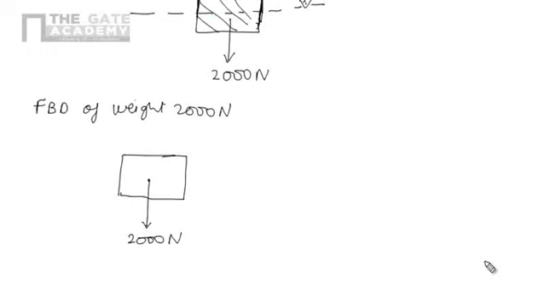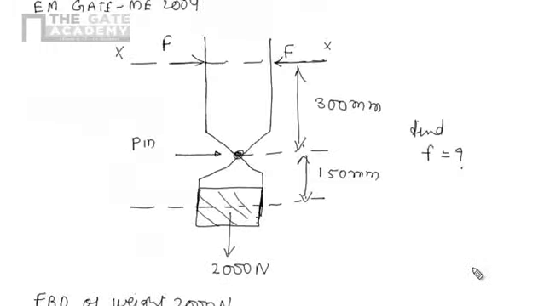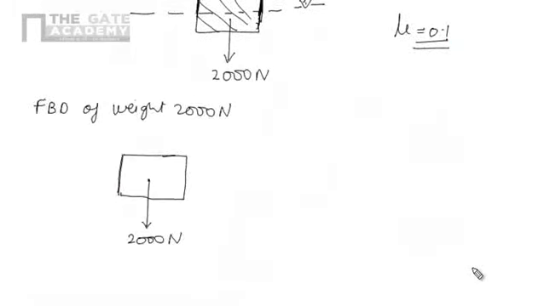We are assuming that the pin joint is frictionless, but on these surfaces there is friction, and let's assume the coefficient of friction is 0.1. So here we have to show the frictional force on this surface and on this surface.